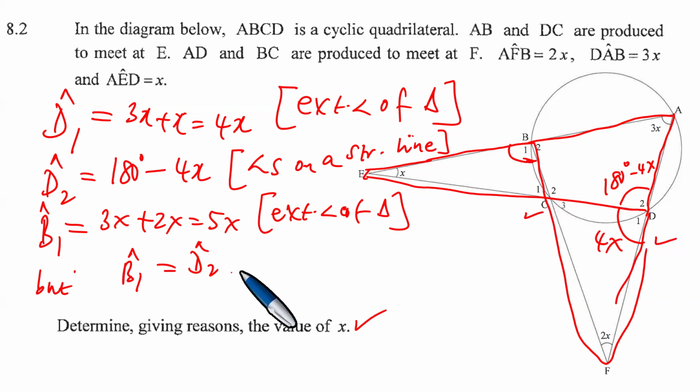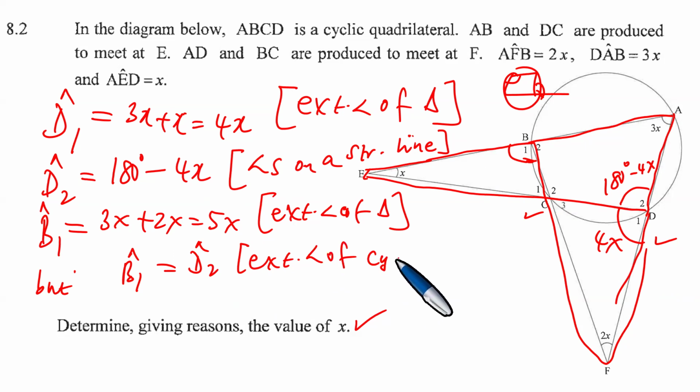Because in grade 11, we're taught that if there is a cyclic quad like this, then the exterior angle is equal to the interior opposite angle. So in the end, the angle B1 is equal to the angle D2, exterior angle of cyclic quad.